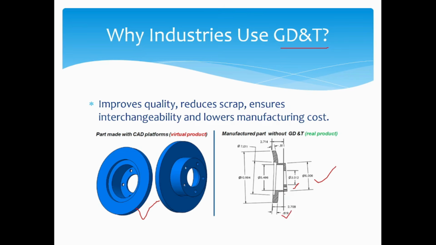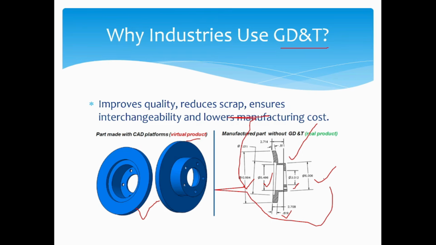Even after giving these dias, if the QC checks this final product with the help of this engineering drawing, he may say that all the dimensions are the same, and that's why I need to pass the product. But physically, you know that this is not the accurate product that you need.